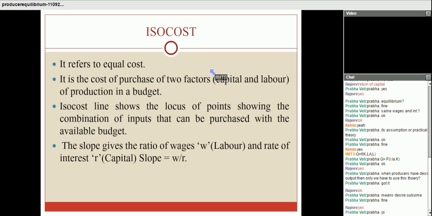The isocost line shows the locus of points showing the combinations of inputs that can be purchased with the available budget. The slope gives the ratio of wages and the rate of interest. Slope is equal to W upon R, where W is wages and R is the rate of interest. We are not very concerned about the slope. We need to focus on the theory only.